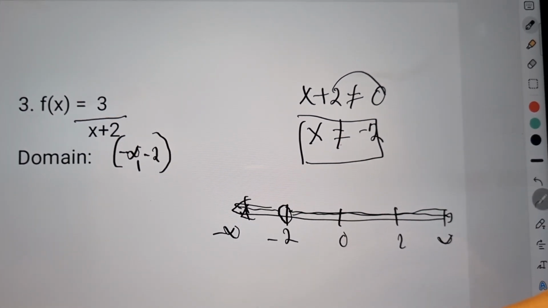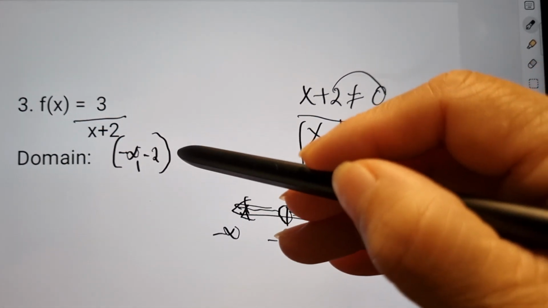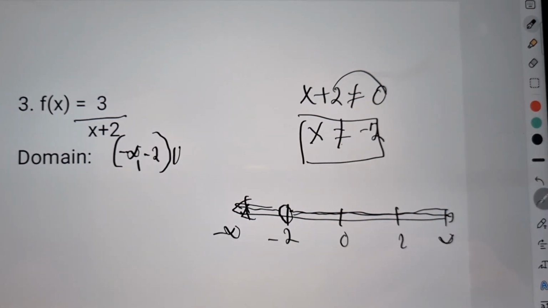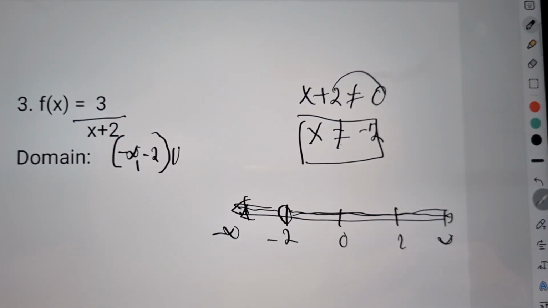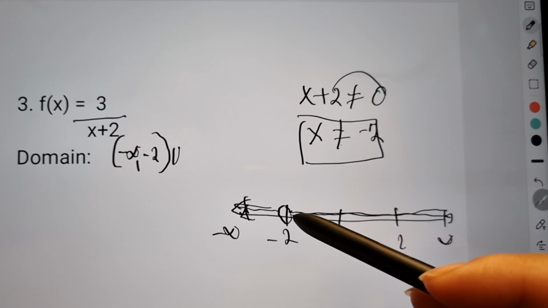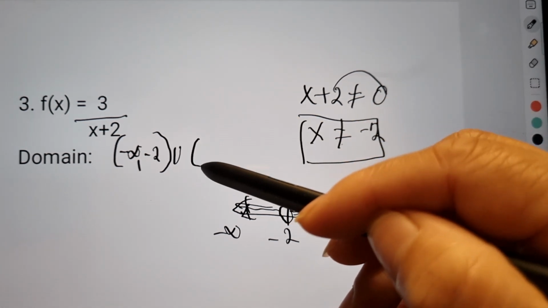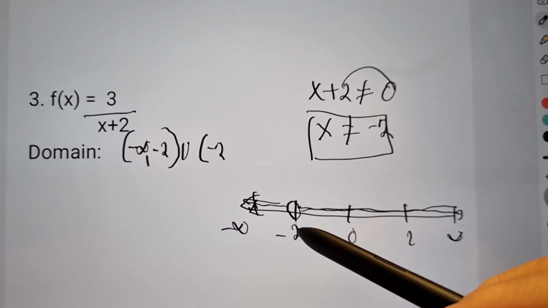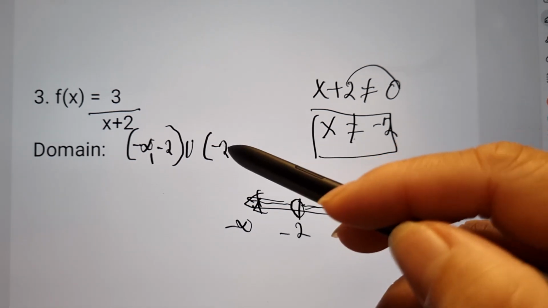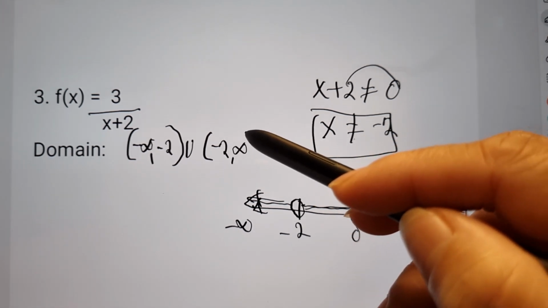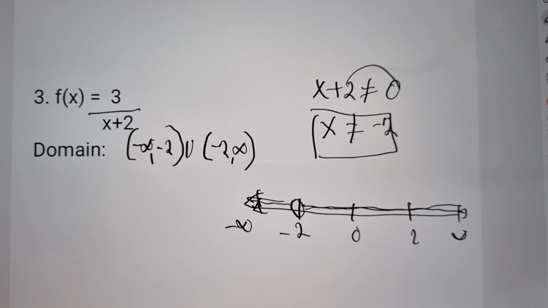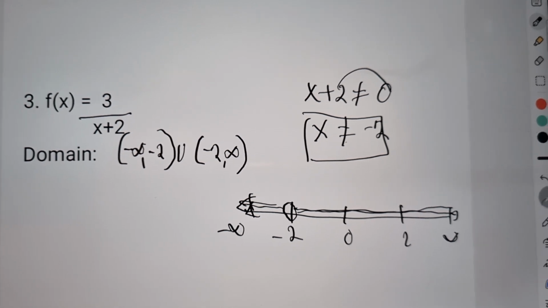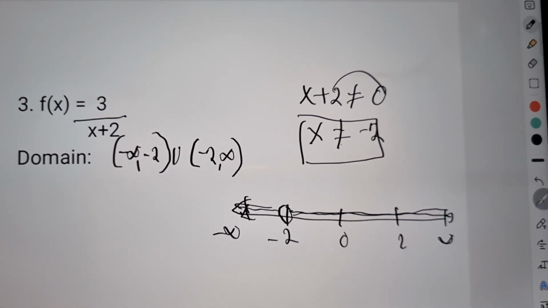Okay? Then, start ka again sa negative 2. Again, hindi kasali yung negative 2. And then, hanggang positive infinity siya. Okay? So, hindi lang natin isinali dyan ang negative 2.